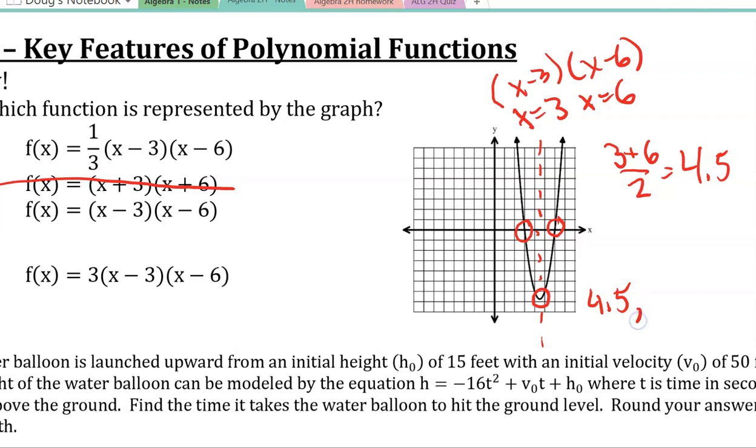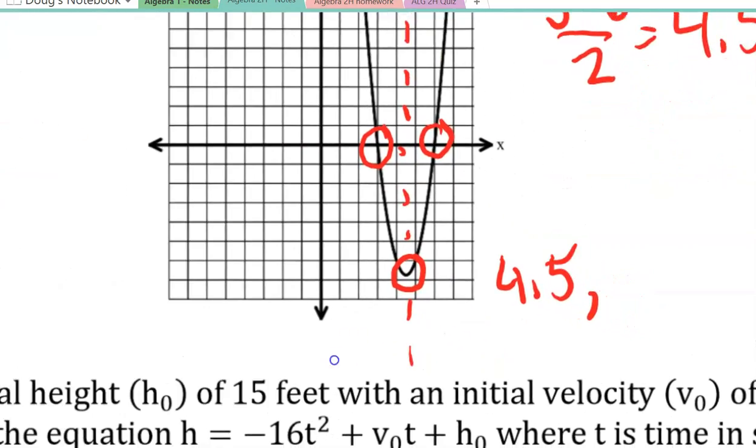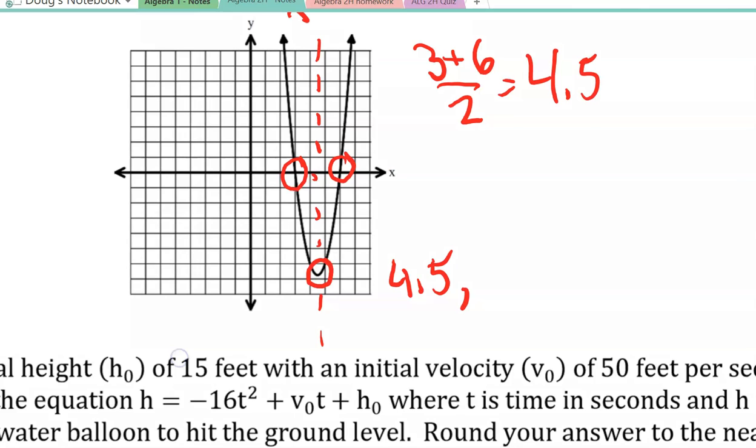We look at our y value for our vertex. Let's zoom in just a little bit. So counting down, 1, 2, 3, 4, 5, 6, a little more than 6, but a little less than 7. So it'd be negative 6 point something. And that's going to matter.